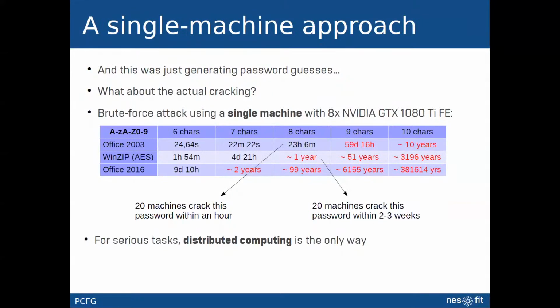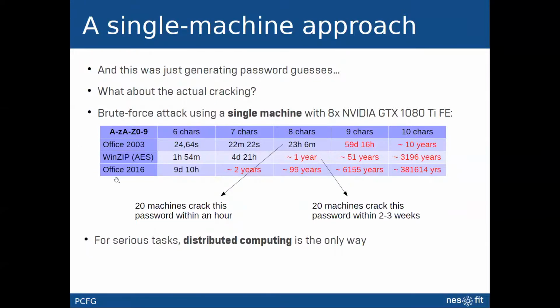So what about the actual cracking? This table shows an example of a measurement. This is a brute force attack using a single machine with an NVIDIA GTX 1080 Ti, and it shows the worst case time that is necessary to crack an alphanumeric password made from 6 to 10 characters that is securing one of these 3 formats.